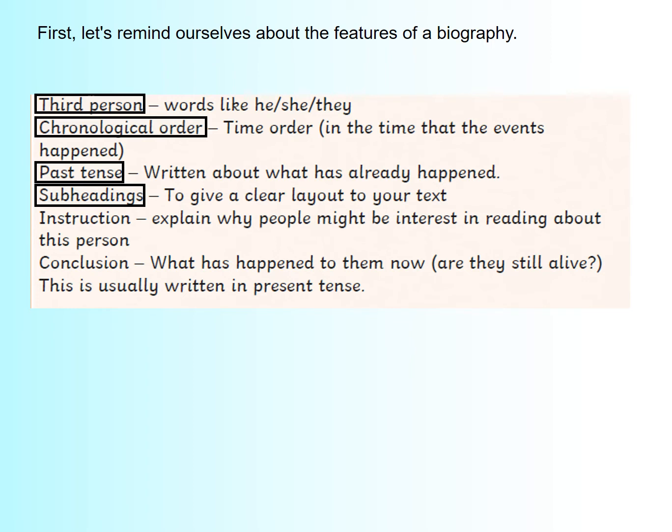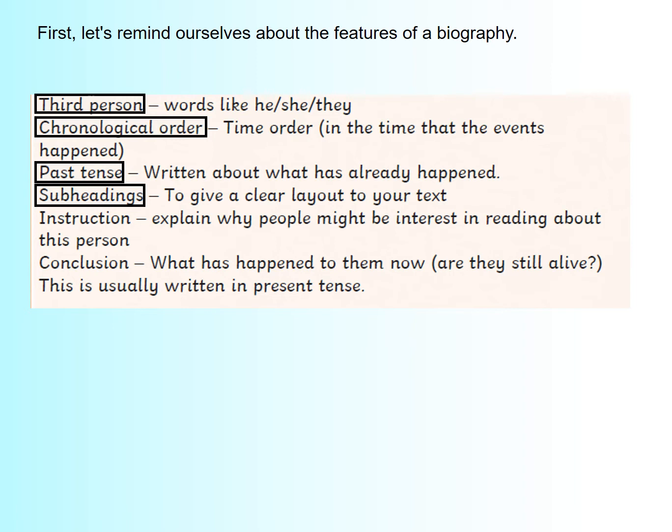So for example, if you were talking about a famous person and two of their major events in life, one happened in 1999 and one happened in 2010, you would of course talk about the event in 1999 first, because that happened first in their life, okay, that came first in chronological, in time order, okay? And that's something you need to do as well when you're writing your paragraph today.